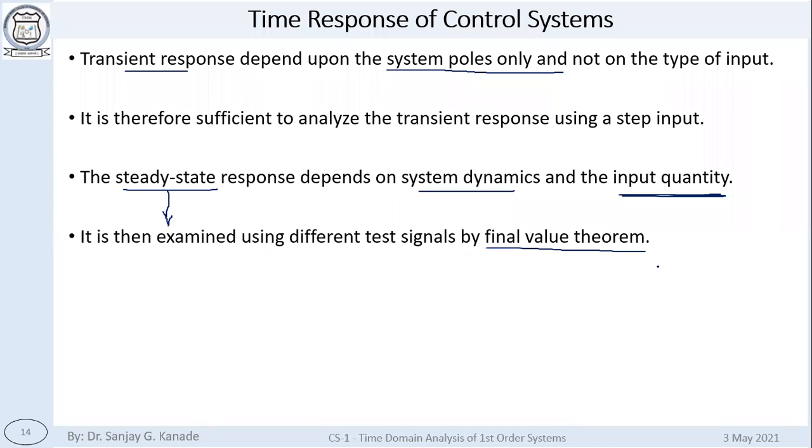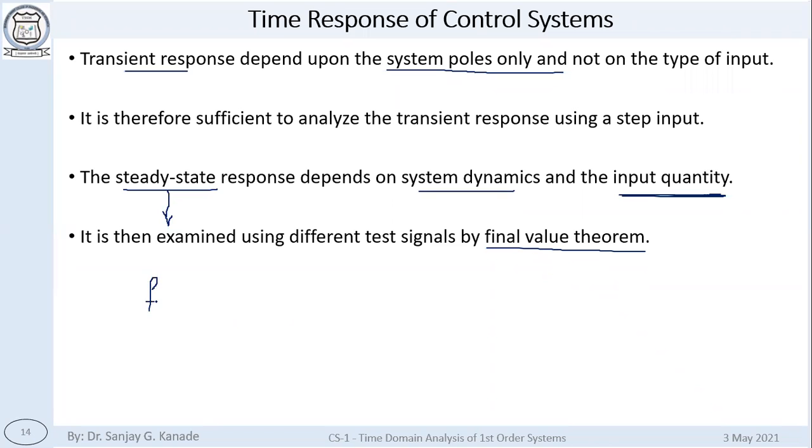Do you remember the final value theorem? Anybody remember it? You might have studied it in Laplace transforms. It helps us calculate the final value of any signal.